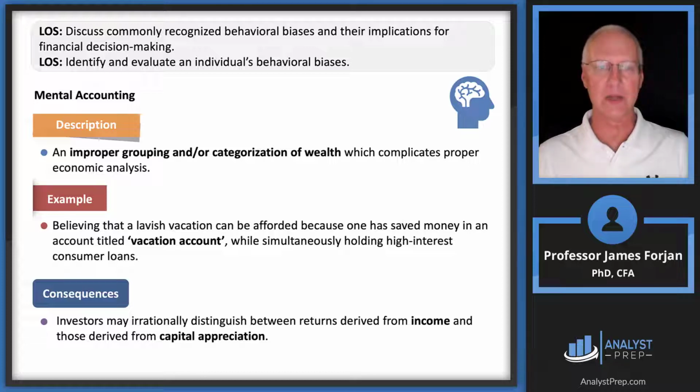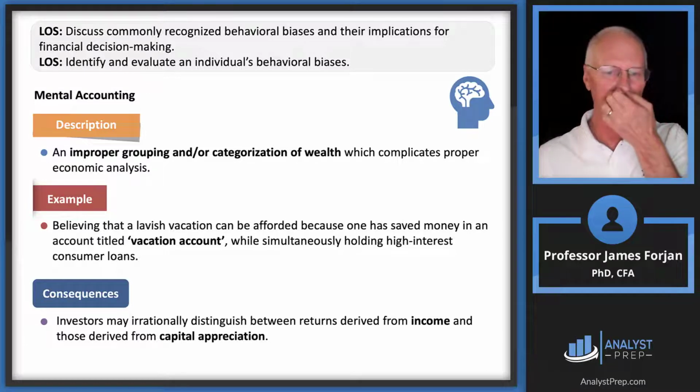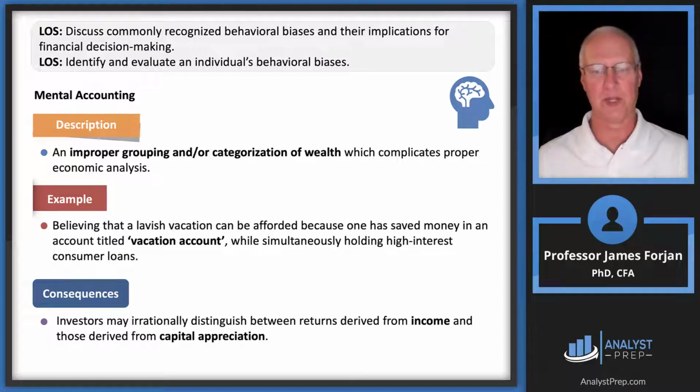If you separate those two and say, I have one risk tolerance for this one and another for this one, then there are all sorts of consequences that can arise. Look at what we've written down at the bottom: irrationally distinguish between returns from one portfolio and another portfolio. One might be heavily geared toward income, one might be heavily geared toward capital appreciation.